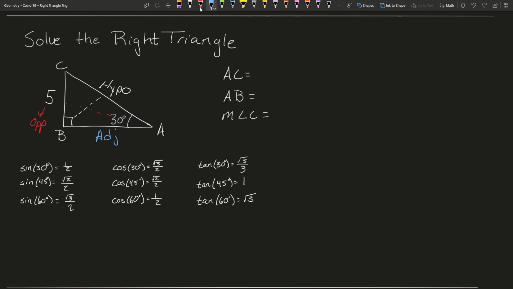The first thing that I would do, to be honest, is to solve for the measure of angle C. What we should know is that the angles within a right triangle, or any triangle for that matter, add up to 180. So we know that angle A is 30, angle B is 90, plus angle C, and that has to equal 180. So 30 plus 90 plus angle C has to equal 180.